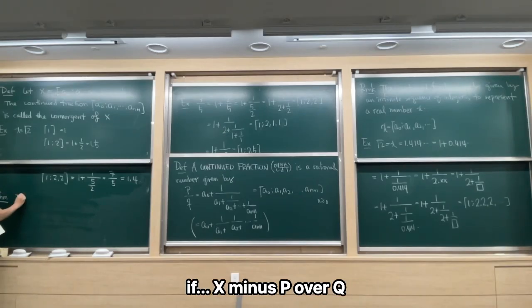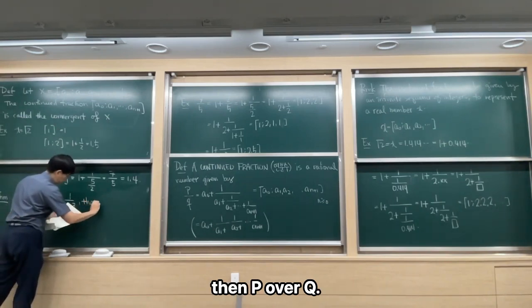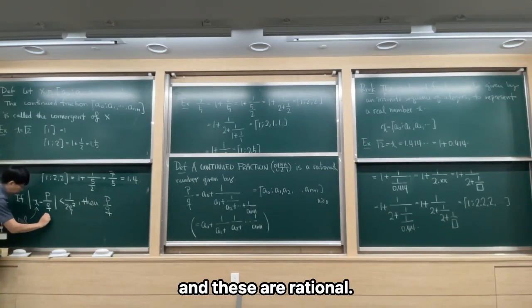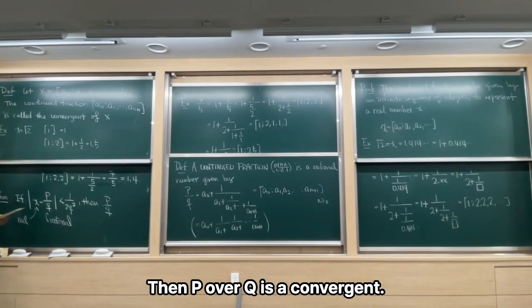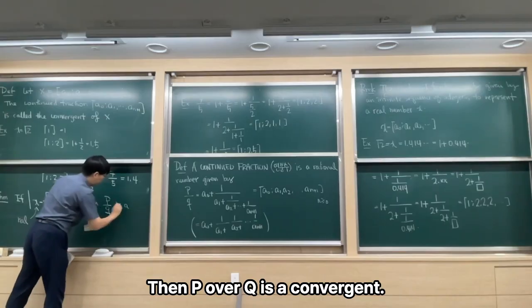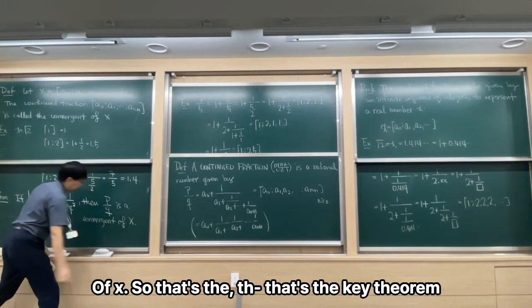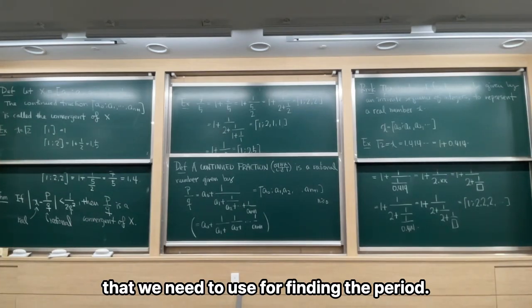If the absolute value of x minus p over q is less than 1 over 2q squared, then p over q, where x can be any real number and these are rational, okay, that's the condition, then p over q is a convergent of x. That's the key theorem that we need to use for finding the period.